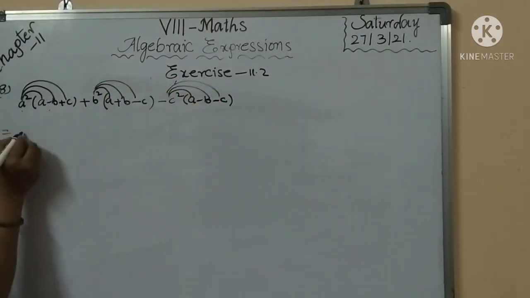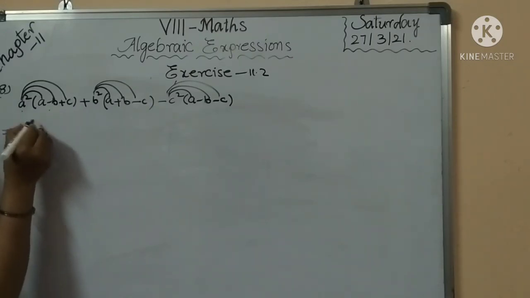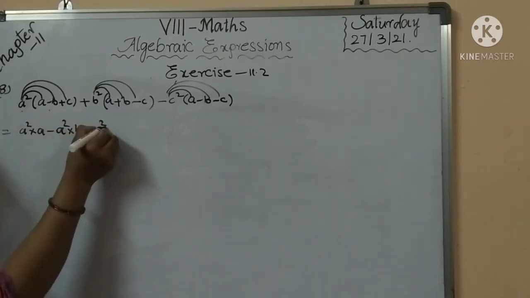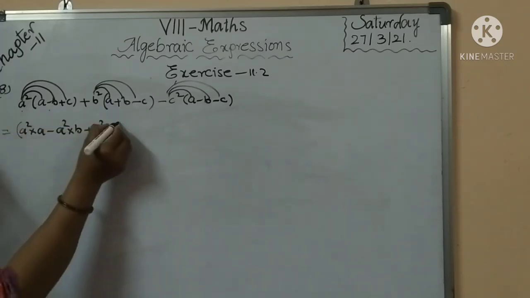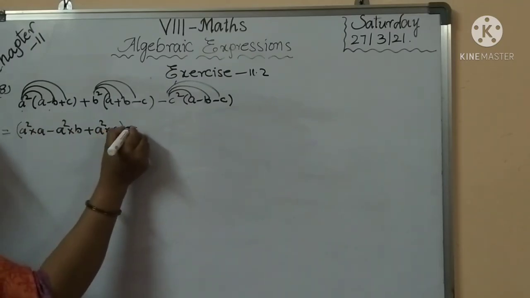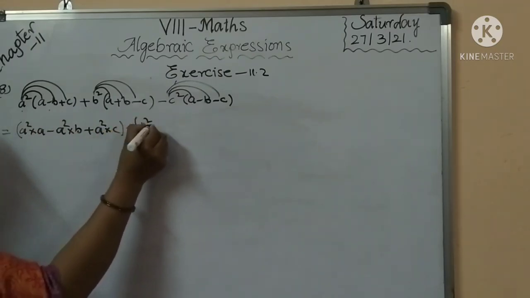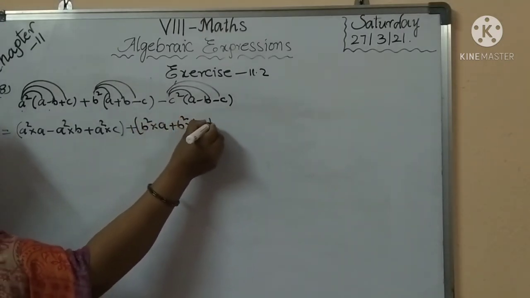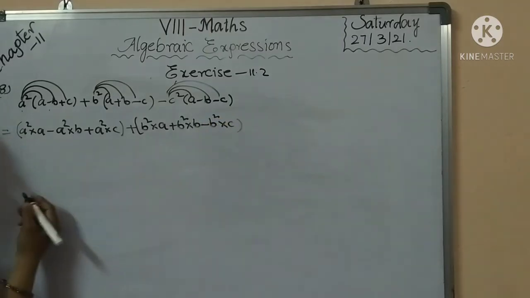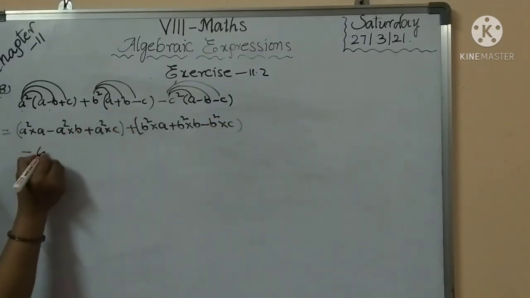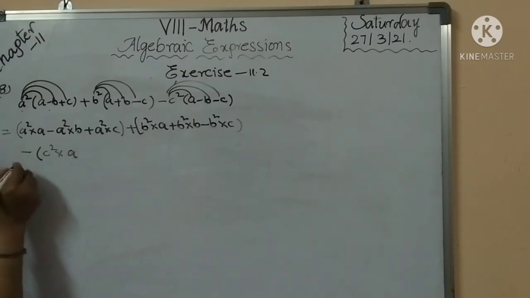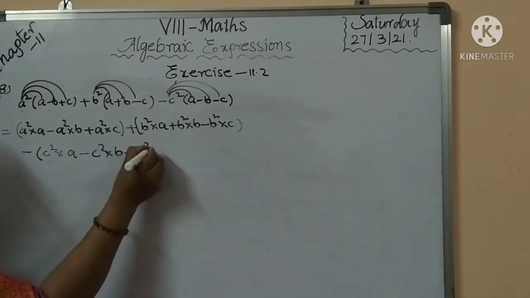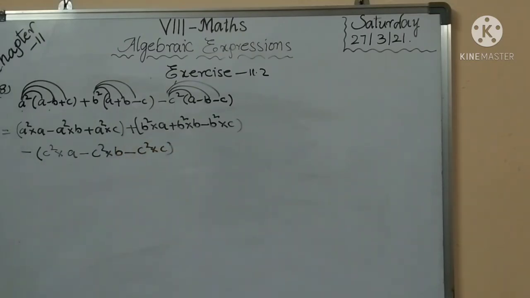Okay, now write here a square into a minus a square into b plus a square into c plus b square into a plus b square into b minus b square into c. Okay, minus c square into a minus c square into b minus c square into c. Okay, understood?